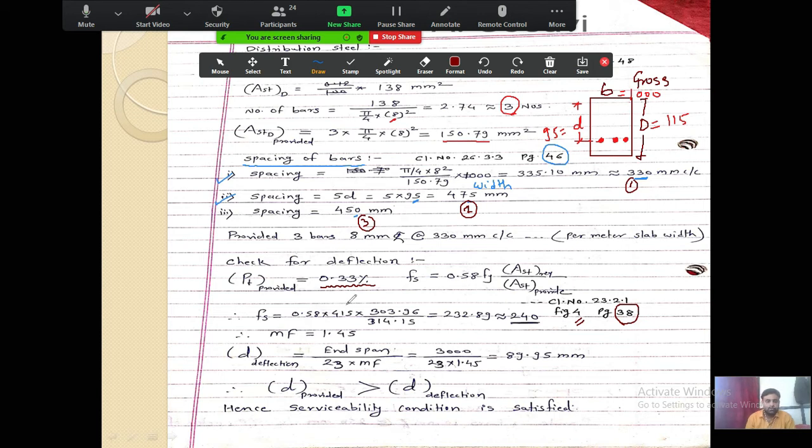So if we put the values in this formula, Fs is equal to 0.58 into 415. 415 is the yield strength of steel. Then what was the value of AST required? It is 303.96. If you see in the previous slides, it is 303.96.